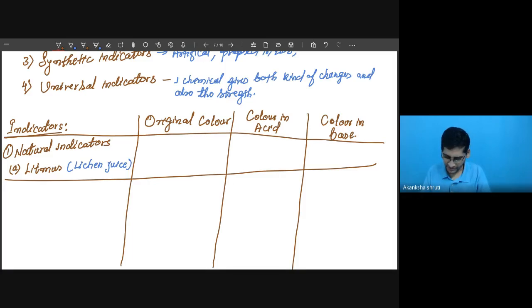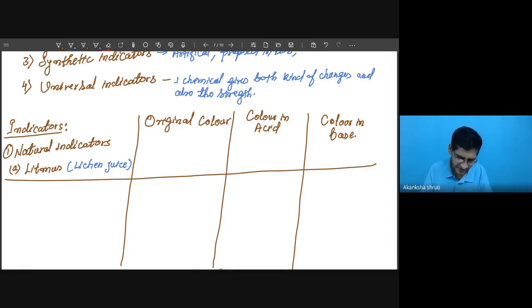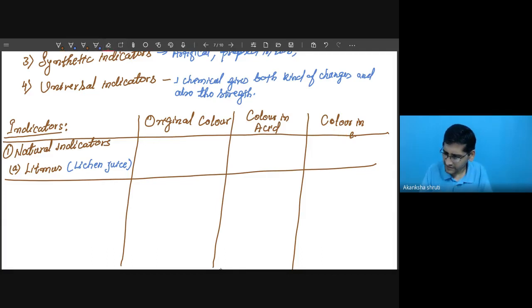This thing we are going to write. So write it properly so that you can revise quickly. If you do not write properly, you will not be able to revise later. Within natural indicators we are going to write many types of indicators. At least 3-4 we will write. 3 to 4 you have to learn.